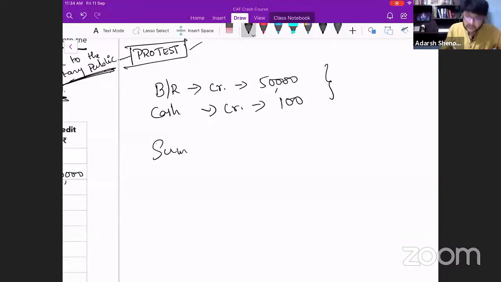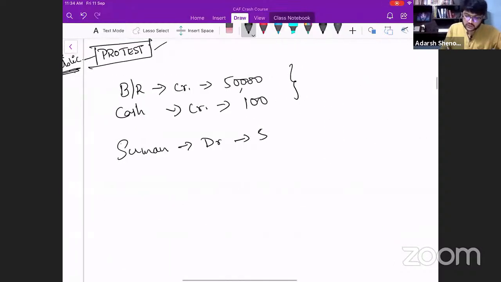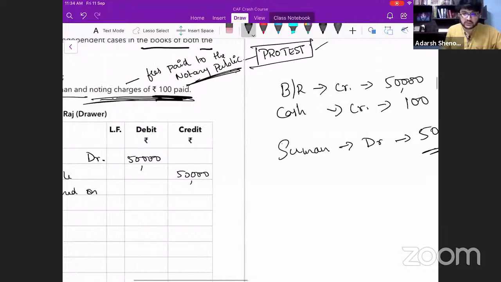So Suman's account is to be what? Debited. But this time, how much should I debit? Should I debit 50,000 only? No, I should debit 50,100 rupees, because this 100 rupees is towards the noting charges. We're going to recover that noting charges also from him. Are you all comfortable with this? Yes. So can you tell me the journal entry now?